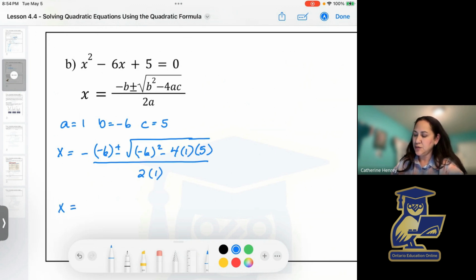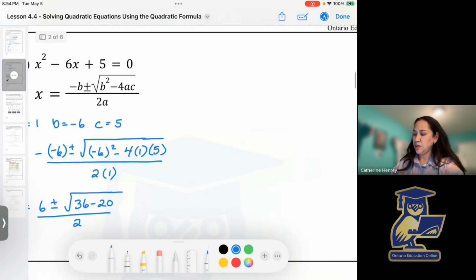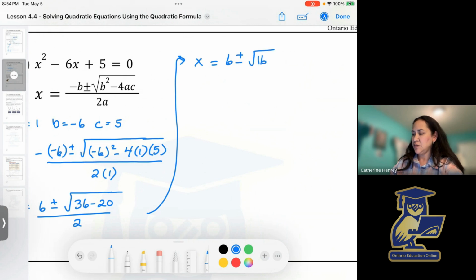So x is equal to 6 plus or minus, we have negative 6 squared is 36, and then negative 4 times 1 times 5 is minus 20, all over 2. So I have x is equal to 6 plus or minus the square root of 16 over 2. x is equal to 6 plus or minus 4 over 2.